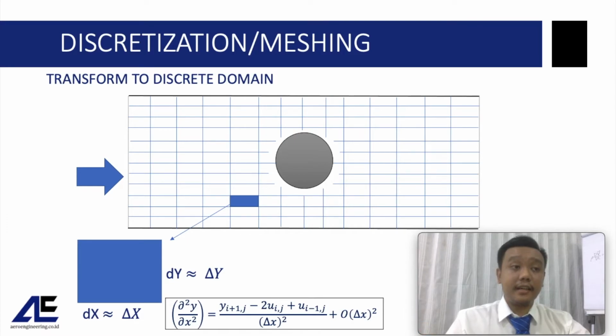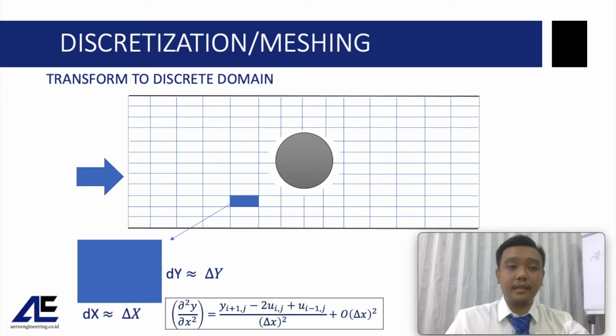The idea is to convert a continuous domain which has continuous mathematical properties to a discrete domain which has discrete mathematical properties. The consequence of this idea is converting continuous differential and integral equations into discrete algebraic equations, and we can solve them numerically. This is also known as the numerical method.